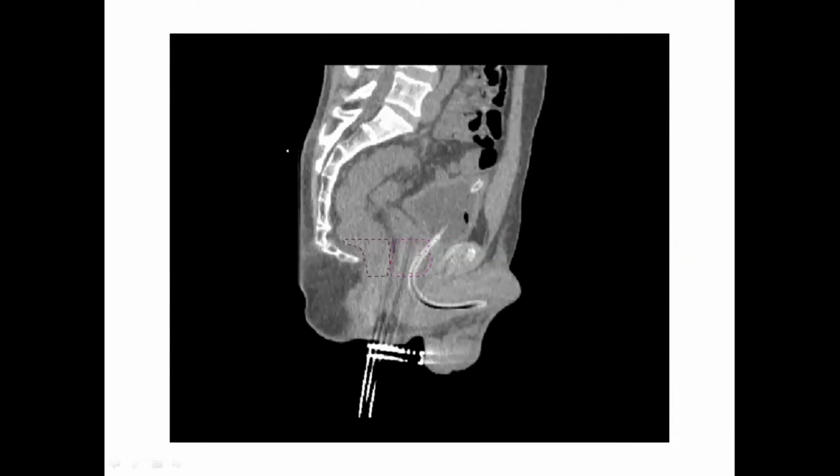And then finally, this is an image as if you were doing a different orientated slice straight down the middle of someone, splitting them into the right and left rather than front and back. So splitting the patient right and left, this is an image straight through their centre, because you can see the spine at the back here. And you can see the rectum, which is marked at the back, and the bowel that goes up behind. And again, you can see all the tubes coming in through the skin into the prostate gland.